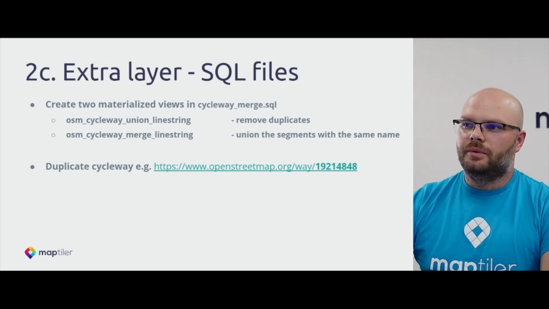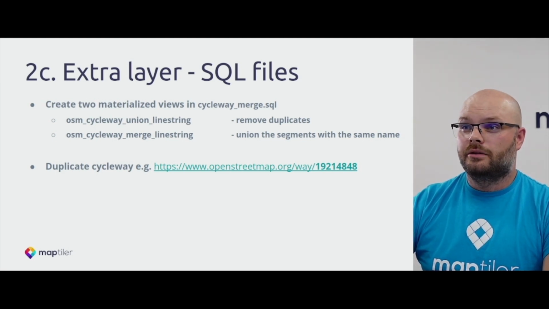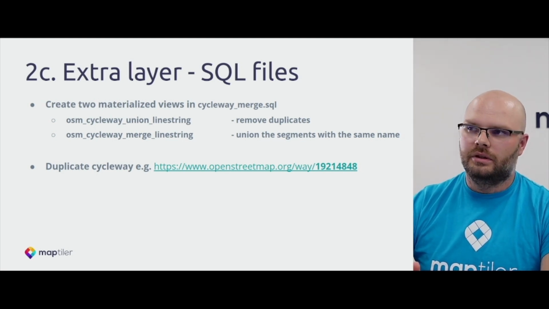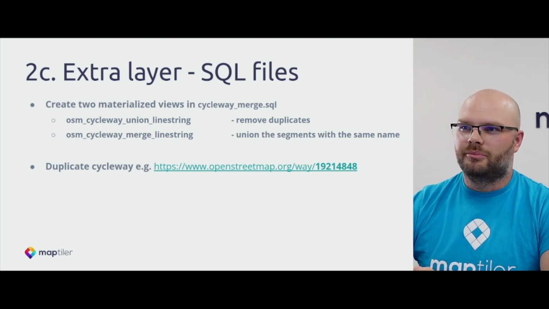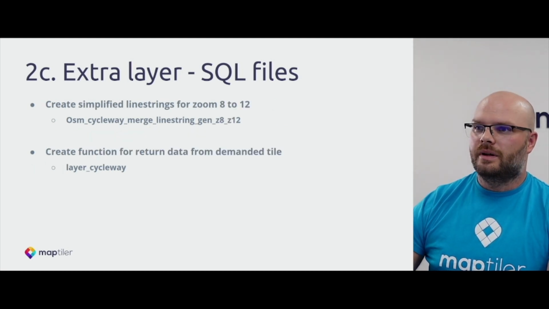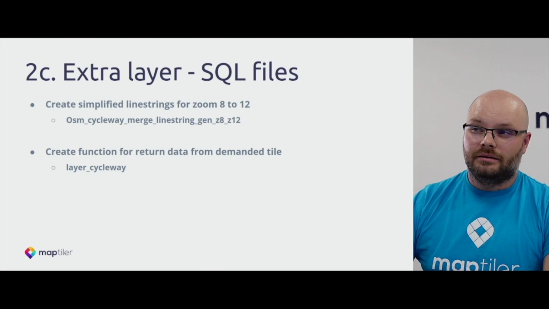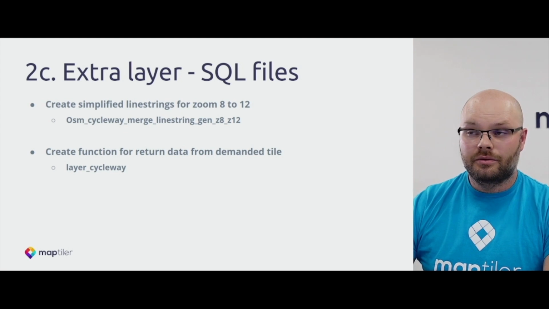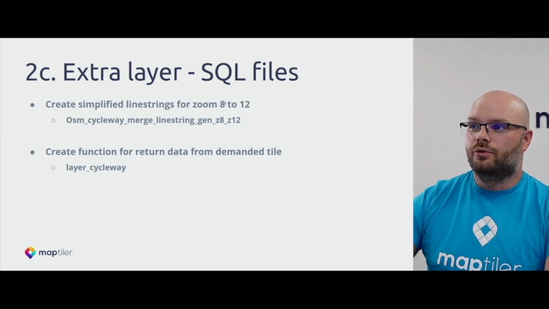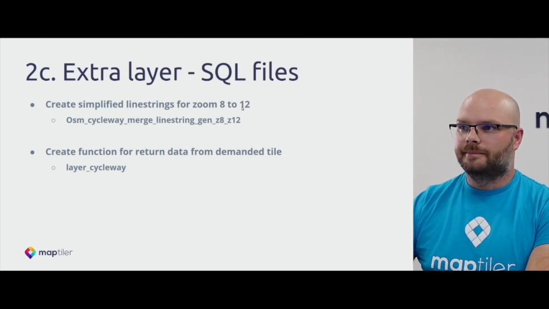To manage this Cycleway layer, we will create two extra SQL files. One which will preprocess the data, and the second one which creates the main function, and one materialized view which will be used for zoom 8 to 12, which generalizes the lines.